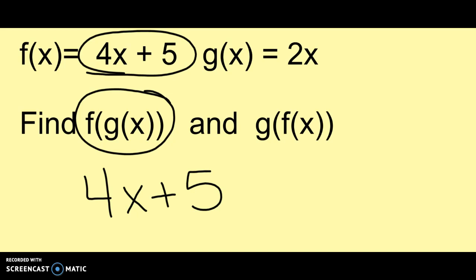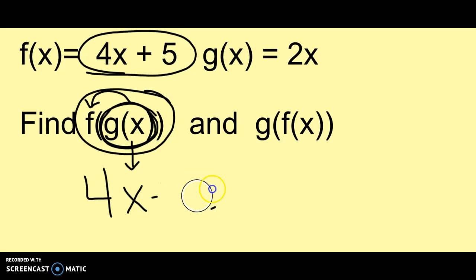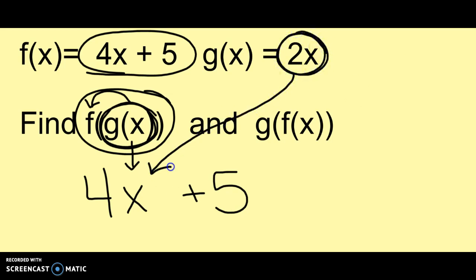All right, next, you're going to put the g function inside of the f function, but you're only going to put it in where the x is. So instead of writing 4x plus 5, all right, let me spread this out a little bit. 4x plus 5, still writing it. I am going to take the entire g function and put it in for x here.